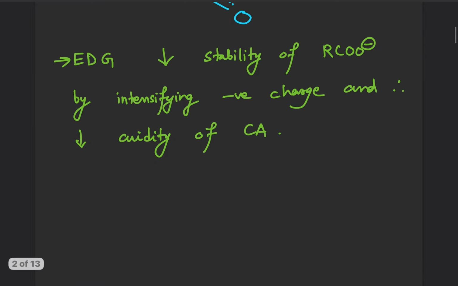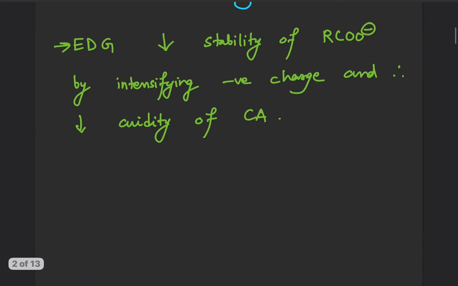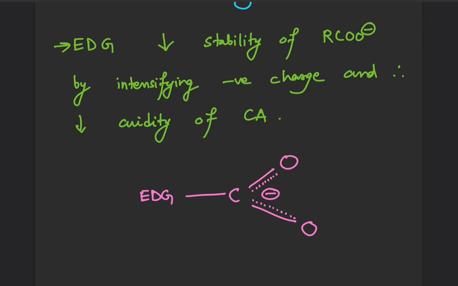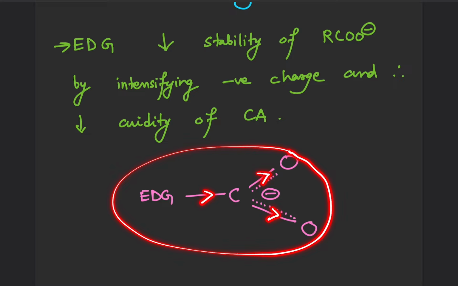With respect to the diagram, again we draw the resonance hybrid of the carboxylate ion with an electron donating group. There is already negative charge in the system, and electron donating groups donate even more electrons, intensifying the negative charge and decreasing the stability of the product that carboxylic acids form when showing acidic character. So overall acidity decreases.